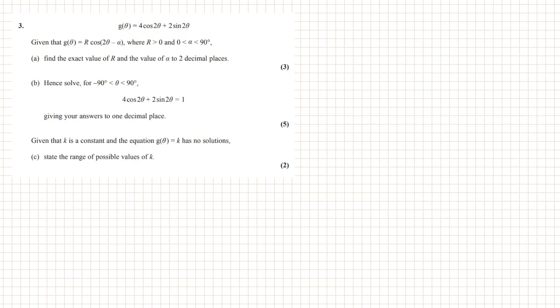So this is question number 3. g(theta) is 4 cos 2 theta plus 2 sin 2 theta.